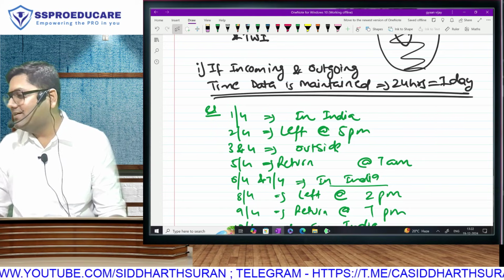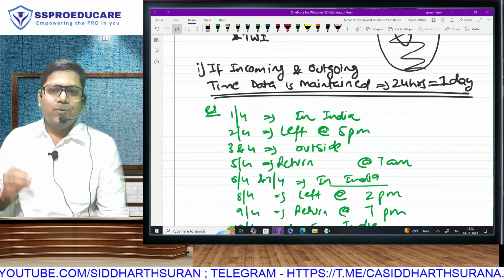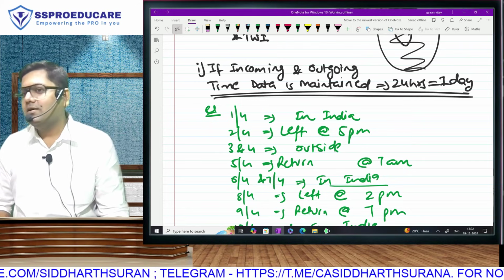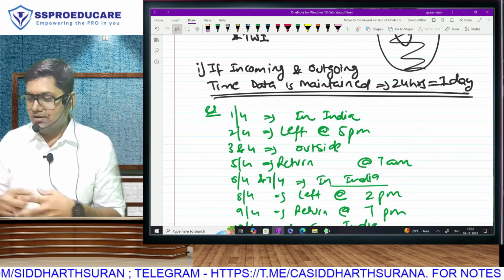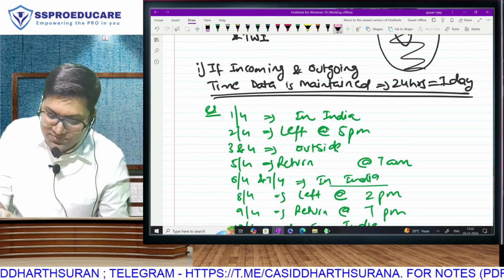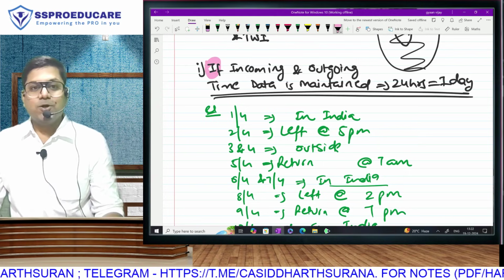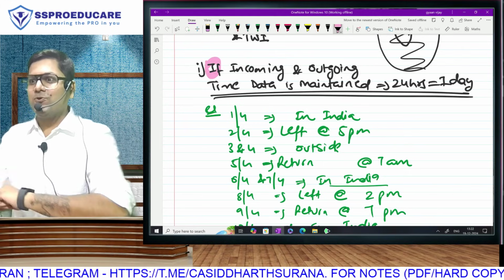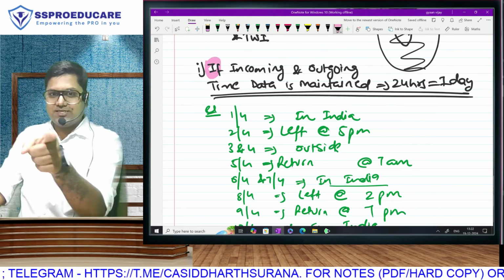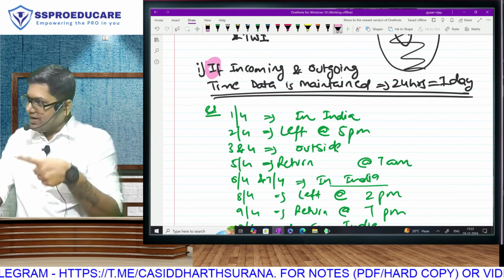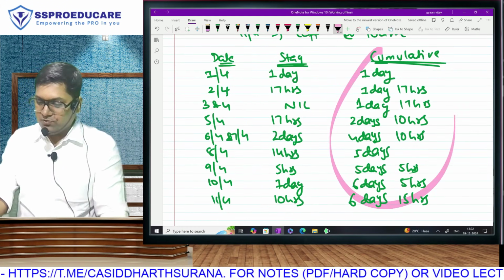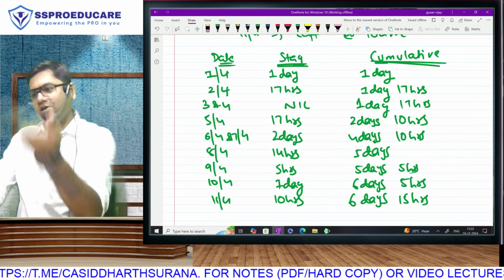You understand, it is not practically possible to maintain timing data. And therefore, the statement starts with this word. Because we know it is not possible. They are just waiting for you to say, hey taxpayer, if you are ready to give us timing with proof, then we will be very reasonable with you. 24 hours equal to 1 day.